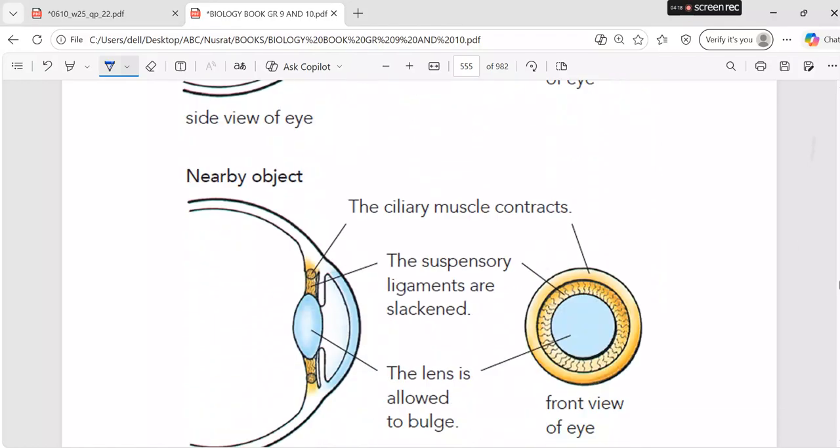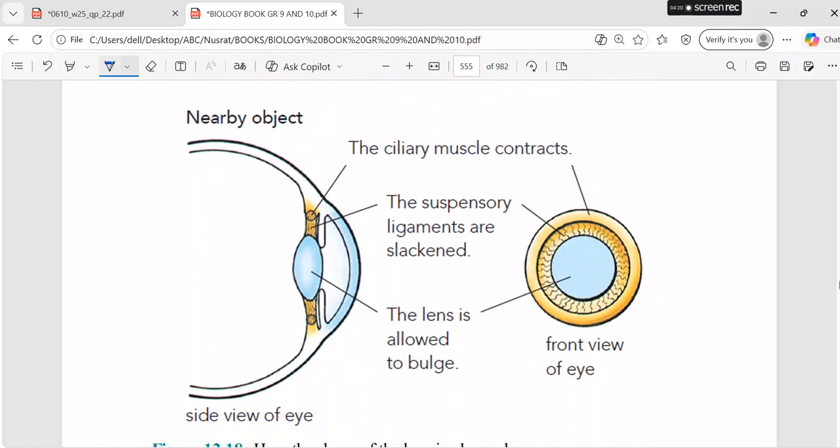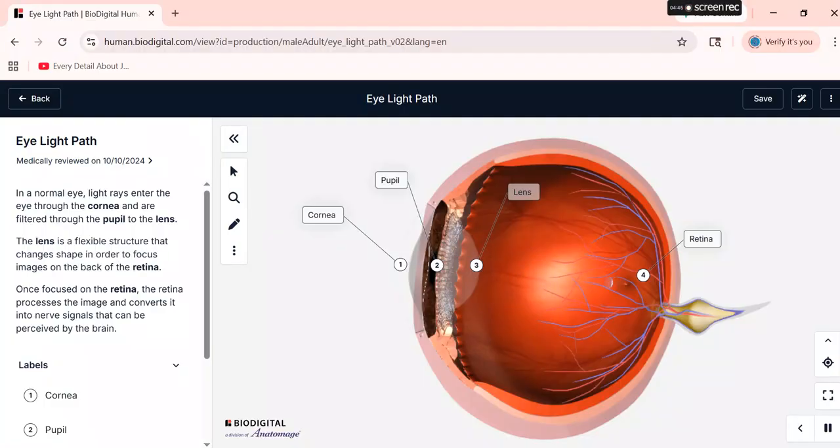If you are seeing a nearby object, look at the shape of the lens. It becomes thicker. It becomes bulged out like a double convex shape. Now, these two things we have to focus on.